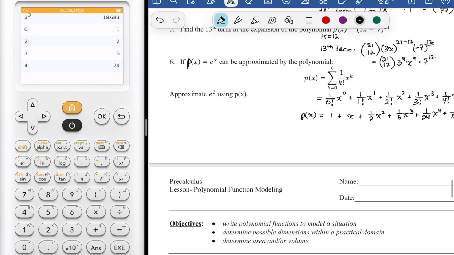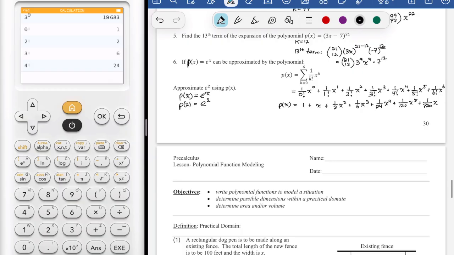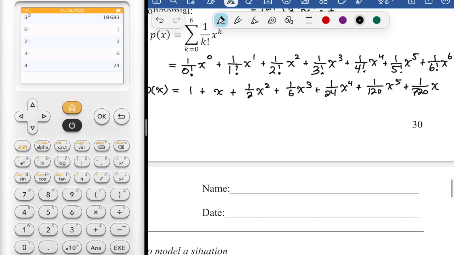All right, typos abound. All right, but if I tell you p of x is e to the x, and I'm looking at e to the second, then I must be trying to find p of 2, right? So there's a couple of ways that you can handle this. One, if you wanted to use the remainder theorem, you could, but really all this is telling you to do is figure out what p of 2 is equal to.